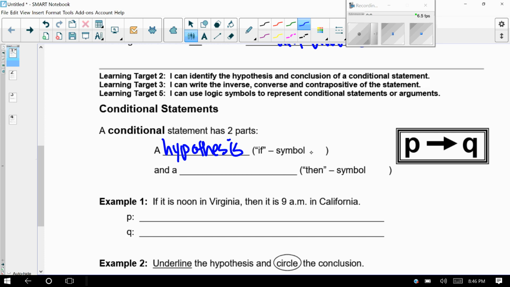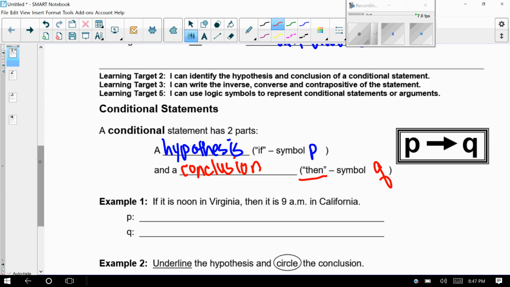We're going to use a P to represent our hypothesis, and our conclusion, which is after the then, is going to be a Q. So this right here is our representation for our if, our hypothesis, then our conclusion. This arrow means if and then. If our hypothesis P, then our conclusion Q.